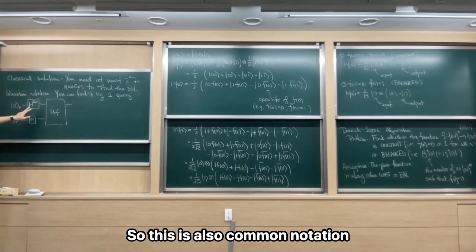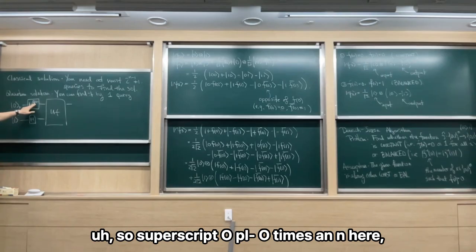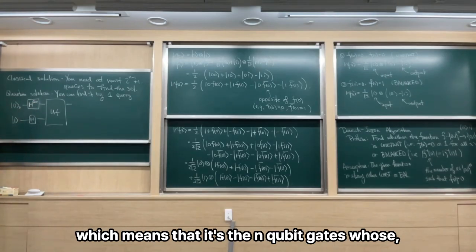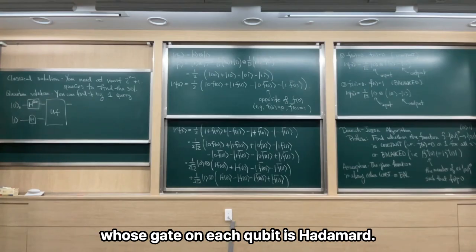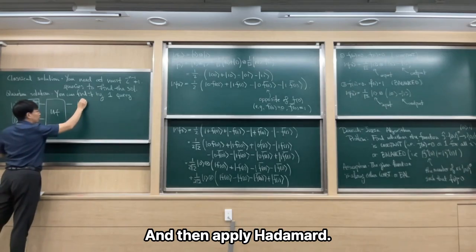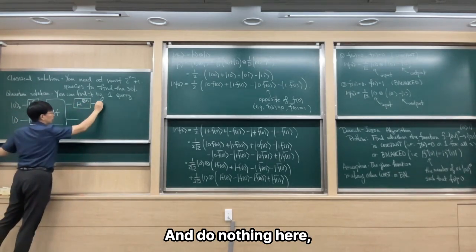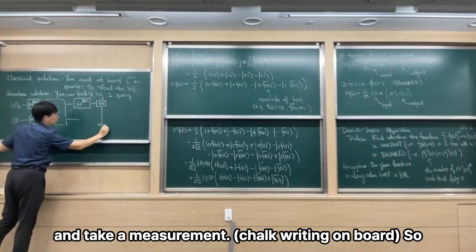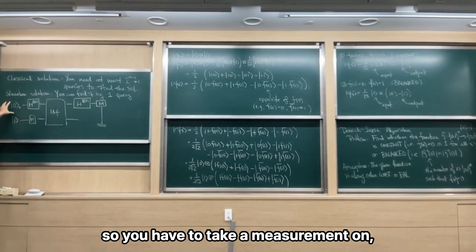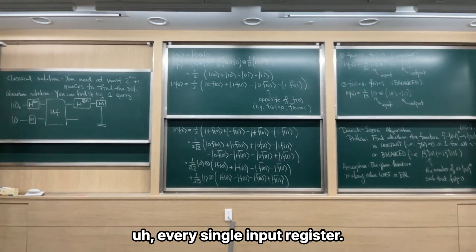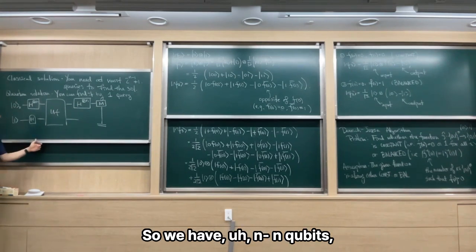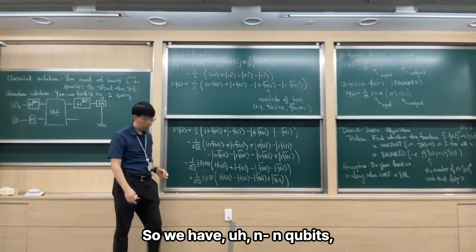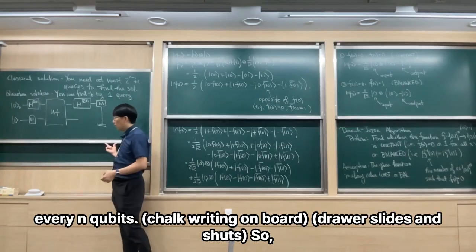This is also a common notation: you put a superscript tensor n here, which means it's the n-qubit gate whose gate on each qubit is Hadamard. And then apply Hadamard and do nothing here, and take a measurement. In this case, you have to take a measurement on every single input register. You have n qubits, so you measure all n qubits.